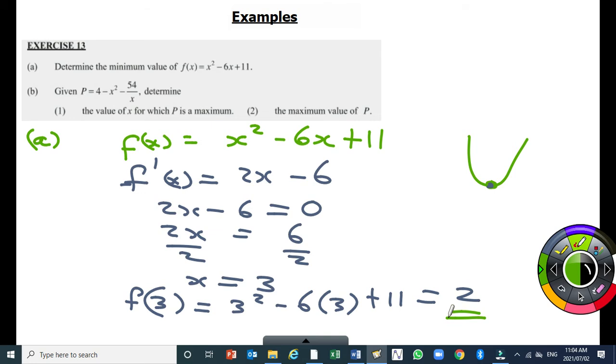Always remember that the minimum value or the maximum value is a y value. It's not an x value. Okay? Write it down somewhere in your book. The minimum or maximum value of a function is always the value of y at that point. So what is x is the value of x is the value at the stationary or turning point.